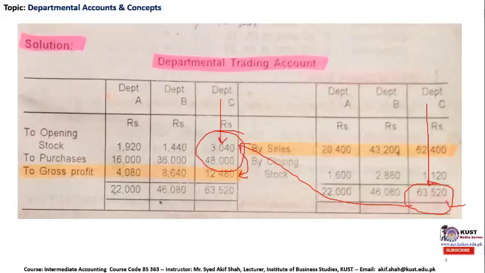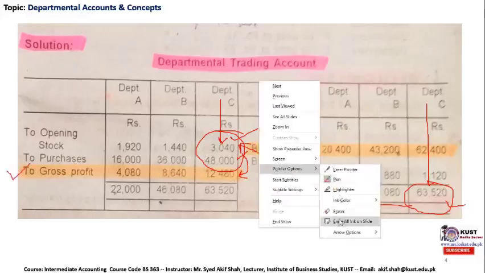That is, sales minus cost of goods sold will give you the gross profit. So the same formula has been used here as well. 63,520 minus 3,040 minus 48,000 gives us 12,480 rupees of gross profit for Department C.